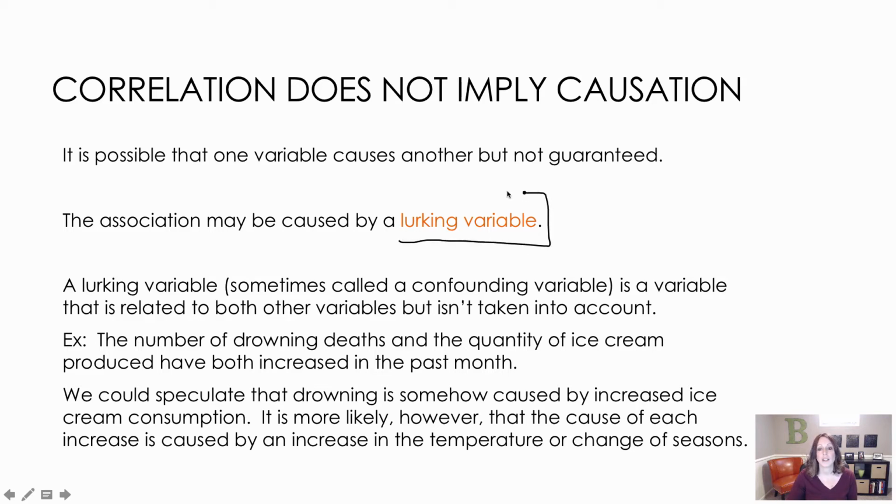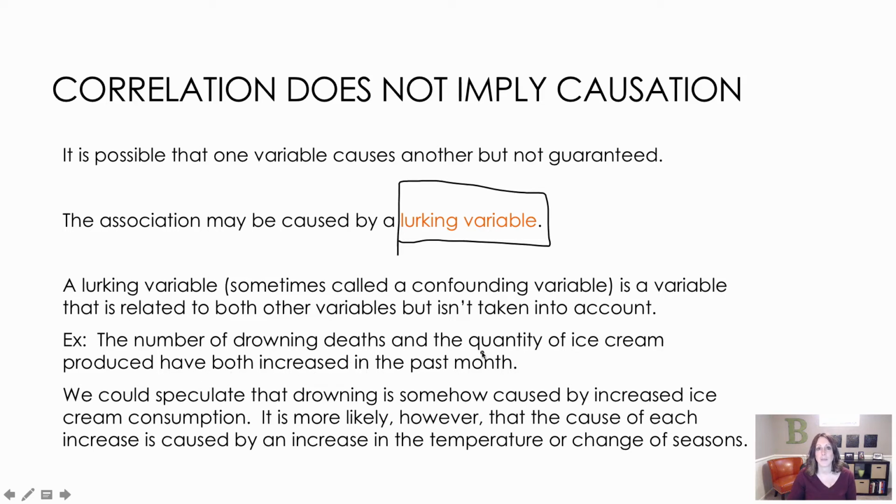Quite often, the relationship is caused by a lurking variable. A lurking variable is sometimes called a confounding variable, and it's basically a variable that's related to both other variables, but isn't taken into account in our scatter plot. For example, the number of drowning deaths and the quantity of ice cream produced both have increased in the past month.